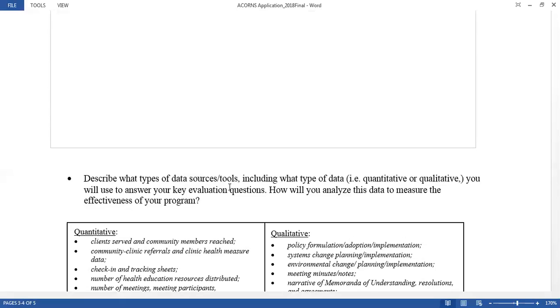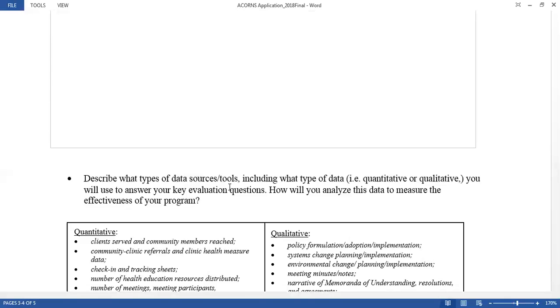So if I did a survey that said, rate how much you liked this program, 1 to 10, you would have quantitative data from that response, and then on a second question you had, please provide any additional feedback you want for program staff. That would be qualitative data. So in that survey, you would be collecting both quantitative and qualitative data. So that's how we would like you to describe it.